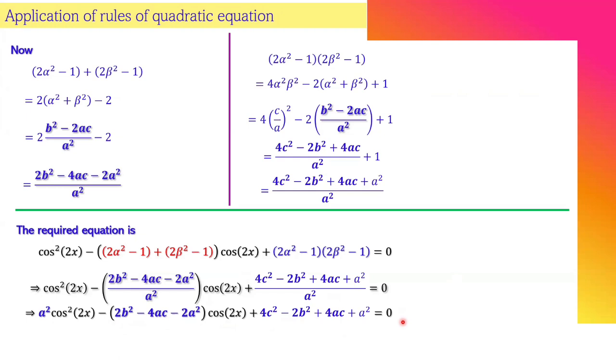Now let's validate these two equations, the given equation with cosine x and the constructed equation with cosine 2x. We need to validate that both have the same roots. First, we will take this one and substitute the values of A, B, and C. So this is the validation.